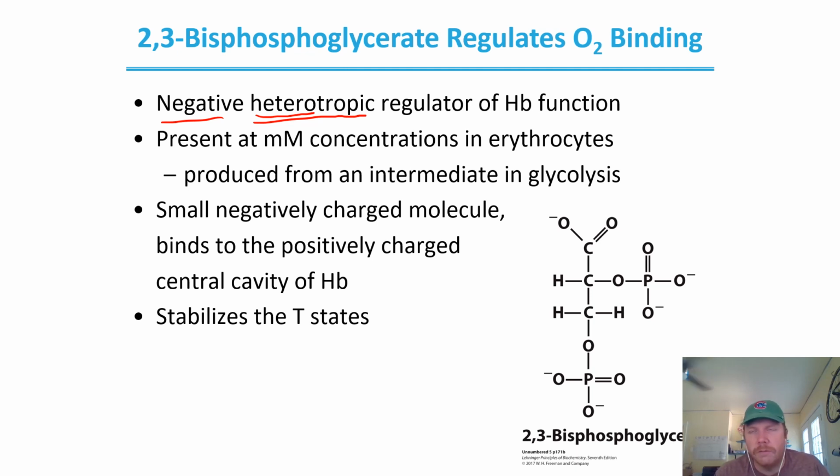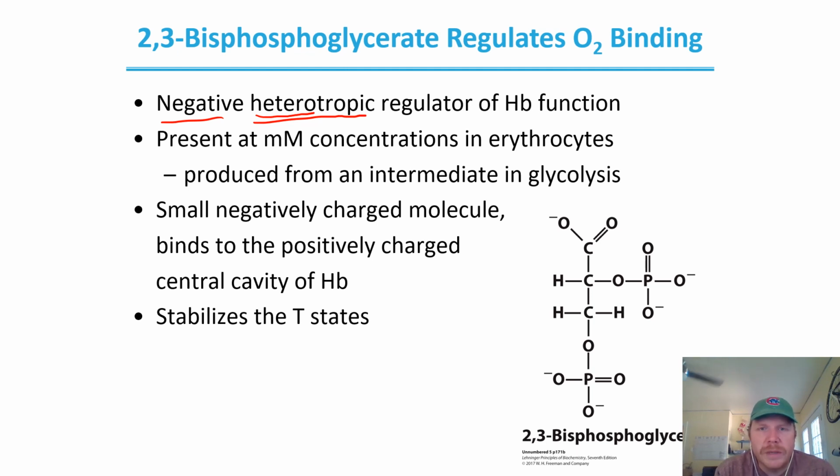O2 is the native ligand for hemoglobin, so it is a homotropic effector. It is also a positive effector because it increases the affinity. 2,3-bisphosphoglycerate is the exact opposite of that. It's going to be an allosteric regulator, but it's a negative allosteric regulator, and it's not the same as the native ligand.